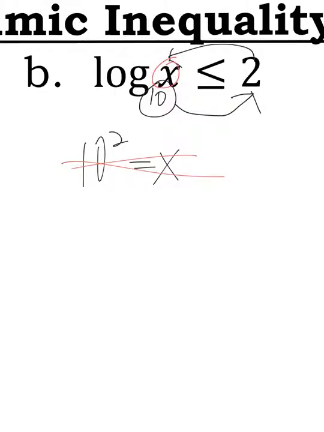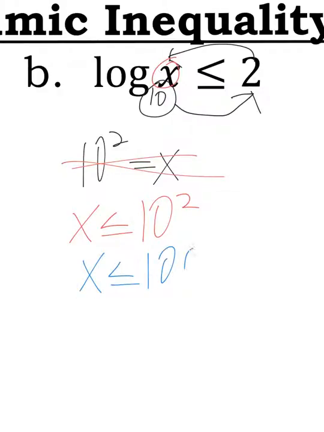But x right here is on the left side, it's less than, so it's on the less than or equal to side. So I'm going to write x is less than or equal to 10 squared. Okay? So just keep x on the side that it originally was on. If it's on the greater than side, make sure it's greater than when you convert it. If it's on the less than side, make sure it stays on the less than side. So 10 squared is 100, so x is less than or equal to 100.